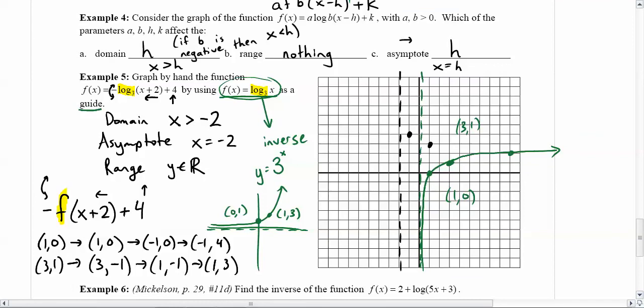Now maybe I'll take the point 9, 2. I'll change the y's to negative, move it 2 units left, and 4 units up to get the point 7, 2.